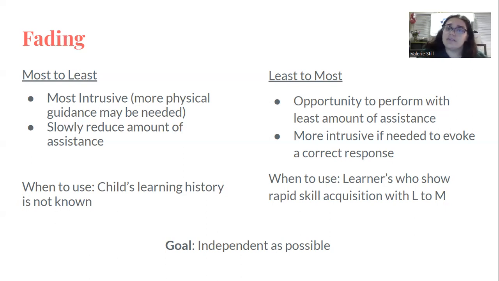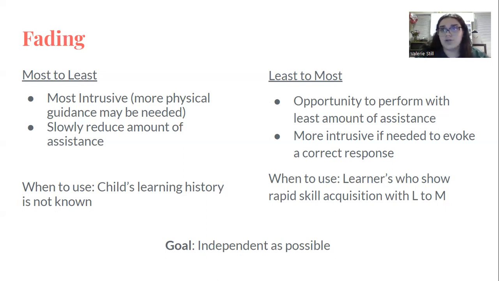Additionally, you would use least to most prompting for learners who show rapid skill acquisition, who don't need that high intensity prompt, who are able to perform it with a lesser amount of assistance. A learner who might use least to most prompting might start off with a gesture prompt. And if they're not performing with the gesture prompt, then you could go up to modeling.